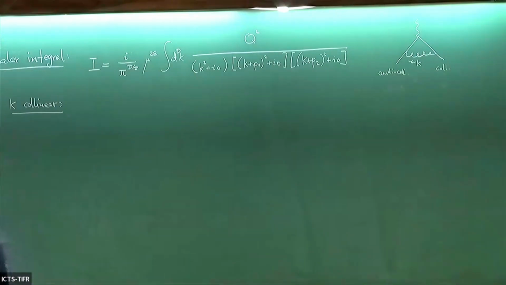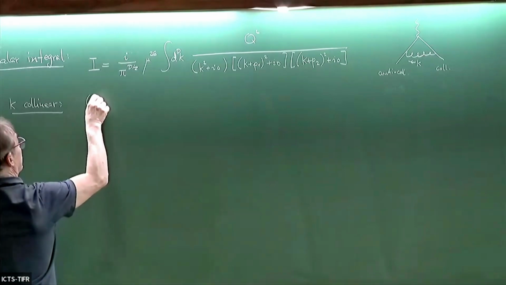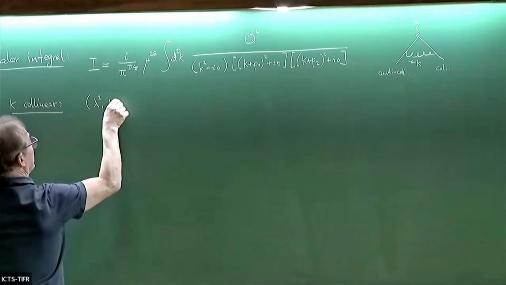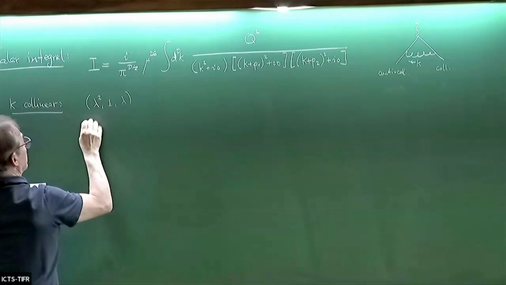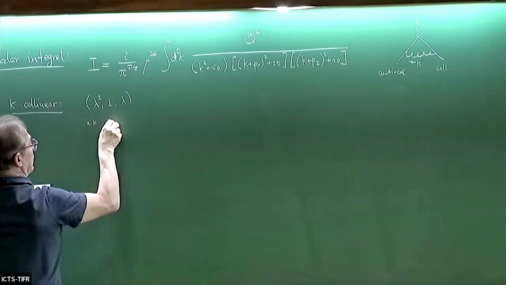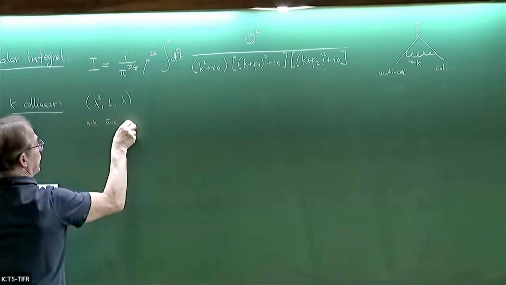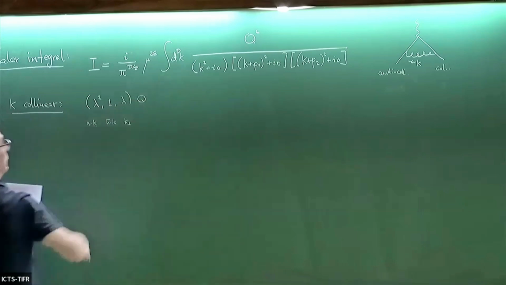So if the loop momentum is collinear, we know that the loop momentum scales like lambda square, 1, lambda, where this is n dot k, this is n bar dot k, this is k perp, and this is all in powers of q.